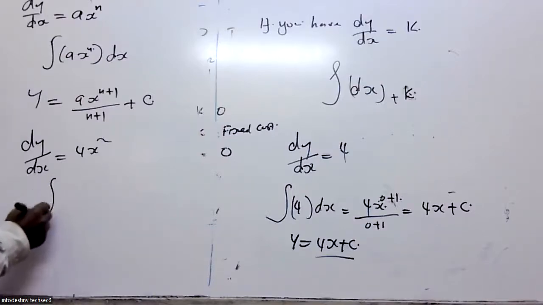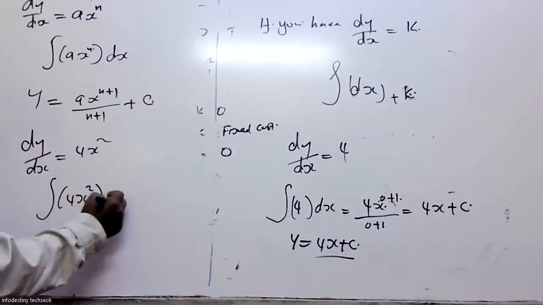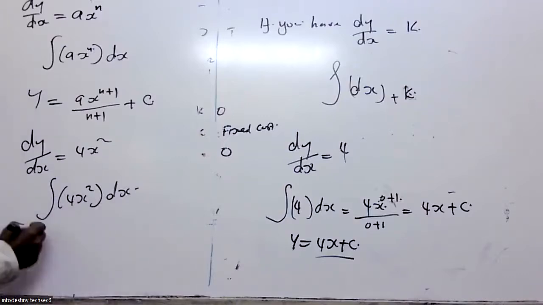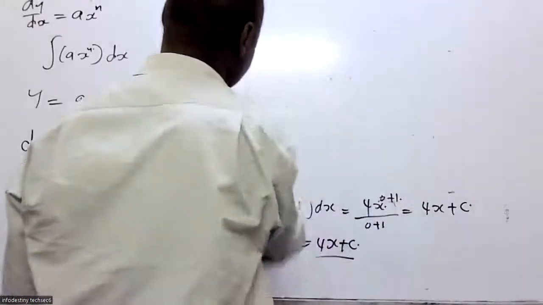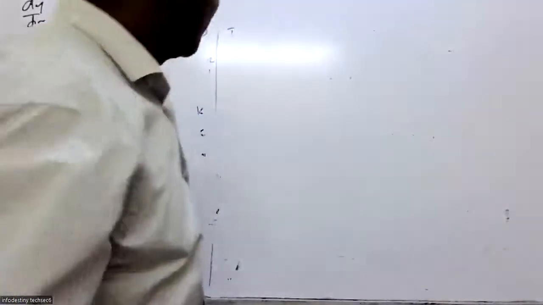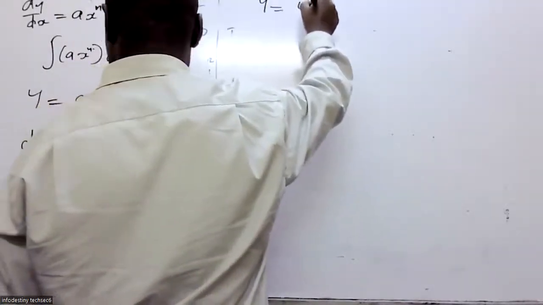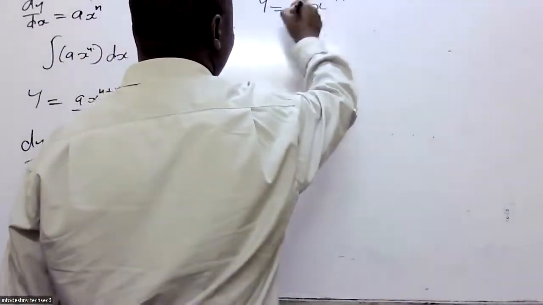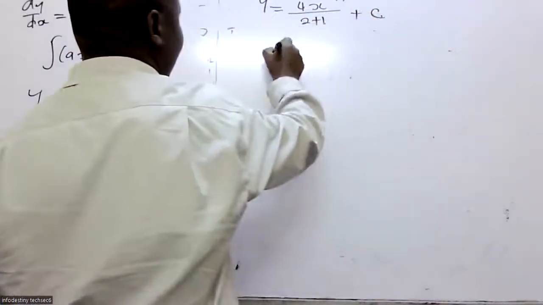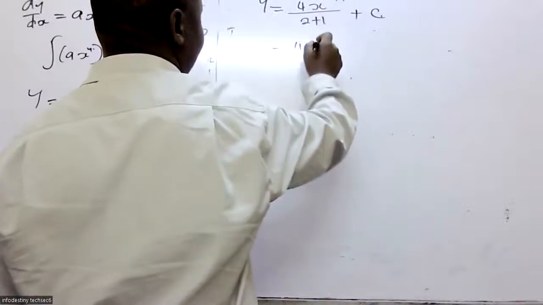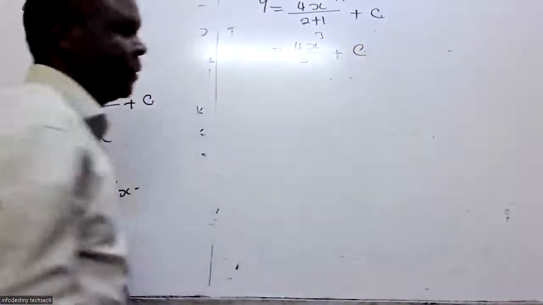That's going to be the same as 4x raised to 2 dx, and that's the same as y equals 4x raised to 2 plus 1, divide by 2 plus 1, plus C. It's going to give us 4x raised to 3 divide by 3 plus C.